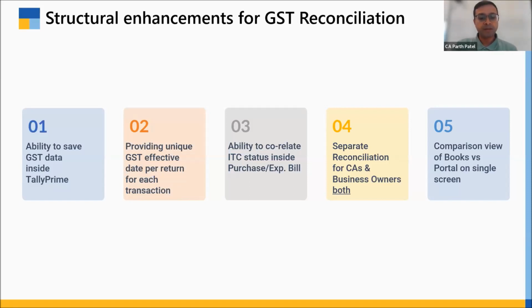The second one is to solve the challenges of ITC carry forward. To solve this, we have introduced a GST effective date for each transaction. So let's say you have a particular sales invoice. It will impact GSTR-1 as well as GSTR-3B.